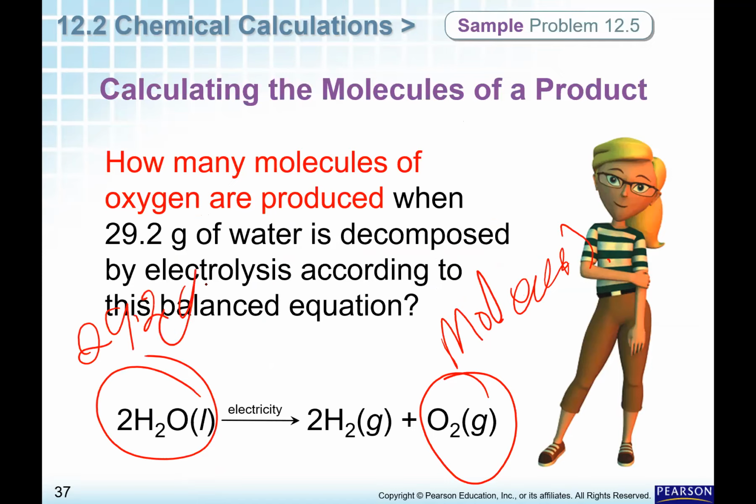water. So what kind of calculation is this? Is it mass to mass? Is it volume to volume? Can anybody tell me what kind of calculation this is?